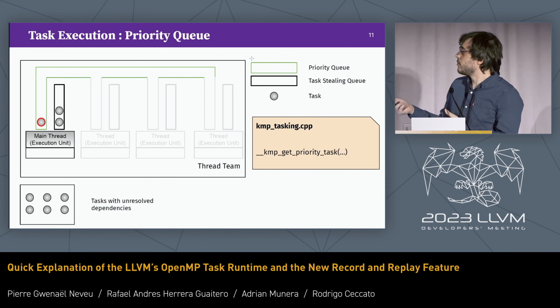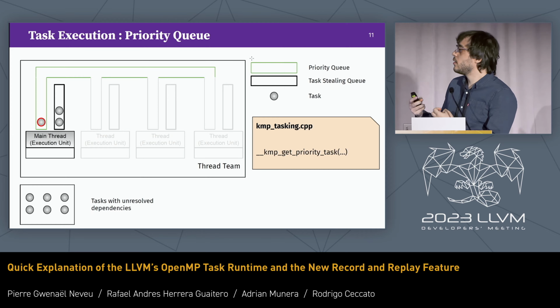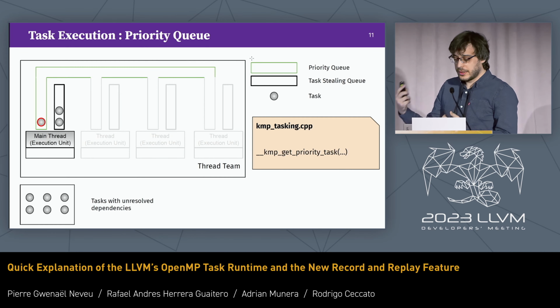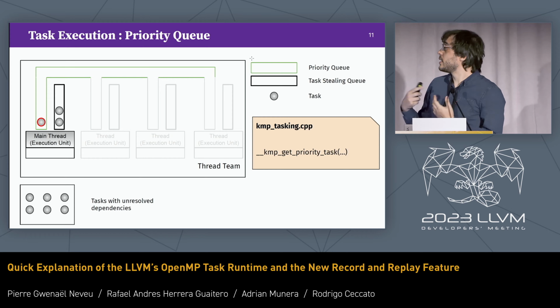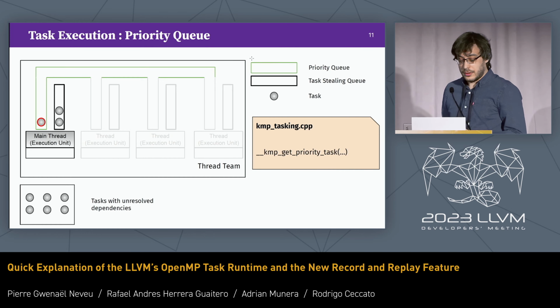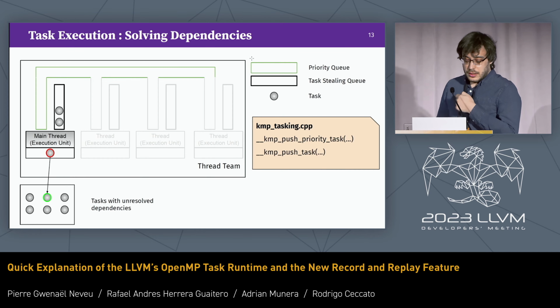I wanted also to present first how the priority queue is executing. If we've got one task in the priority queue, the thread will try to get it with the __kmp_get_priority_task, then execute it.